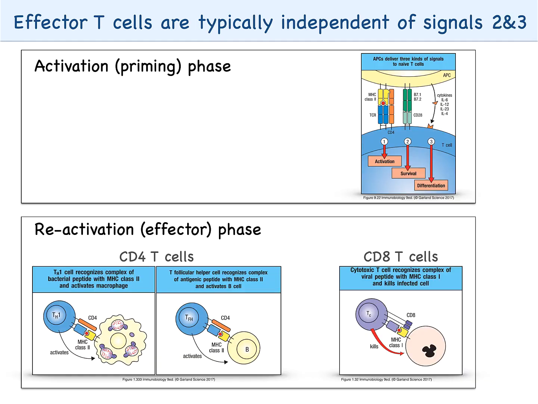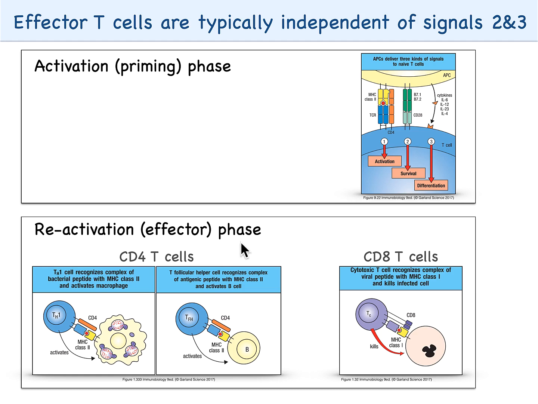So naive cells, I have told you, require these 3 signals. Opposite to this are the effector T cells, the T cells that have already been activated. Usually they are independent of signals 2 and 3, or at least less dependent on these signals than the naive cells.